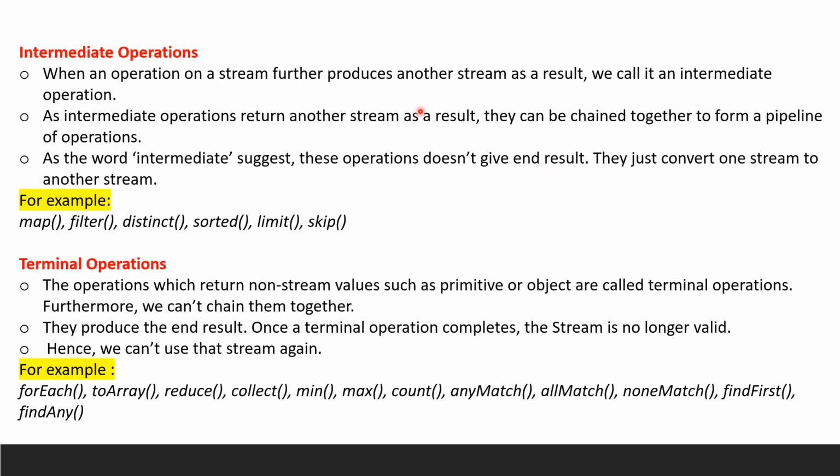So we have talked about intermediate operations and terminal operations, right? Let's see. When an operation on a stream produces another stream as a result, we call it an intermediate operation. We take a stream and do some operation on that stream, and it produces another stream as the end result.